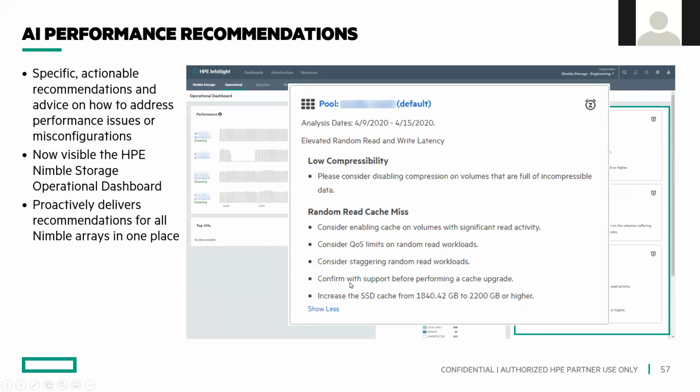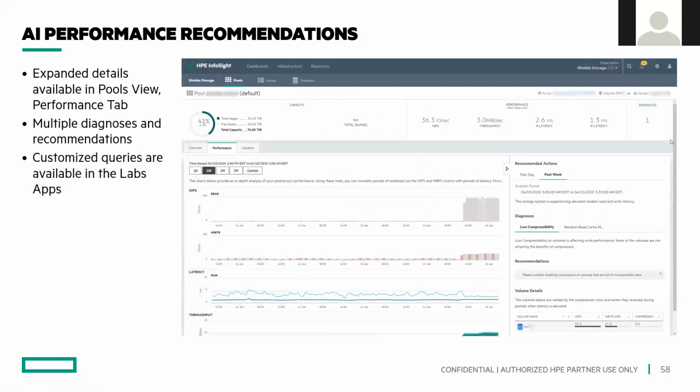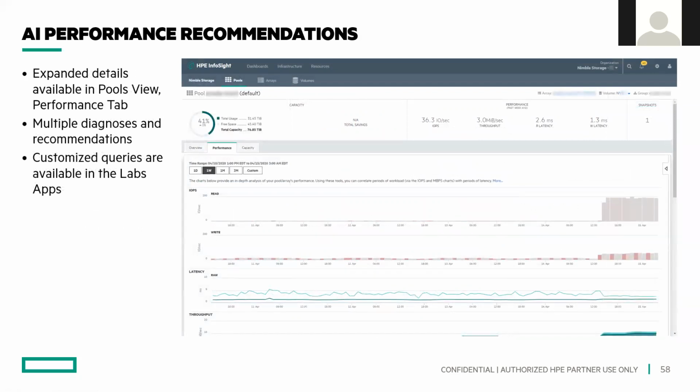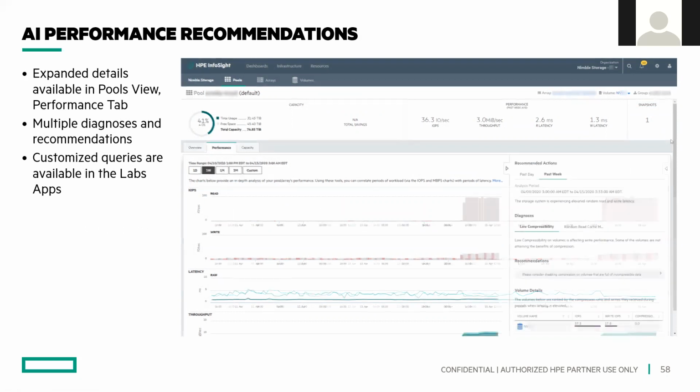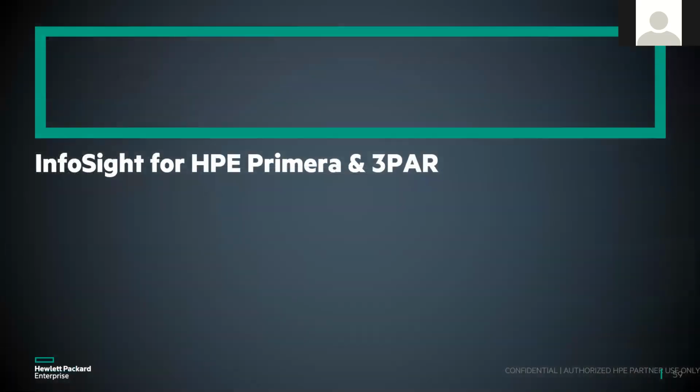Read cache misses: maybe we should increase the SSD cache a little bit from that Nimble array, or enable quality of service and so on. All the information is there. Just use it. It's all free recommendations that InfoSight is giving you, and you can give this to your end customer, of course, giving a much better experience, right?